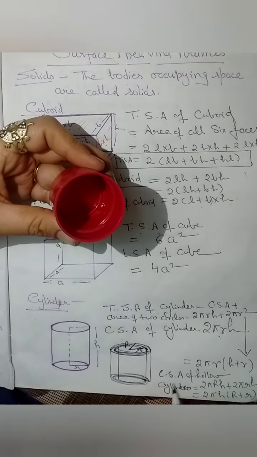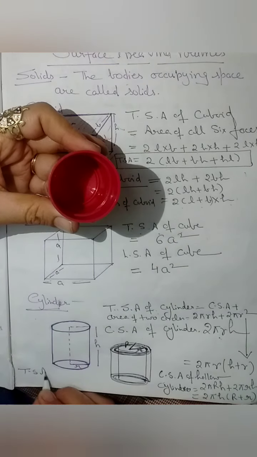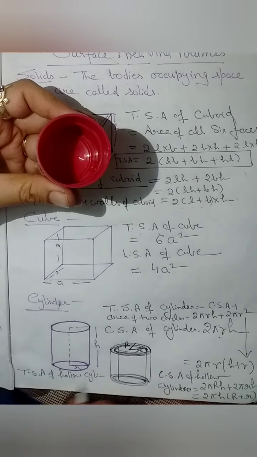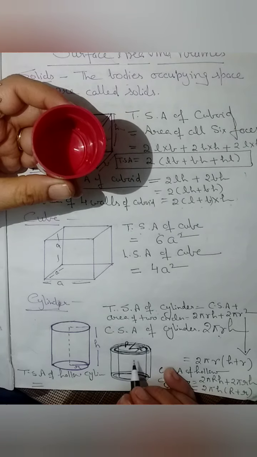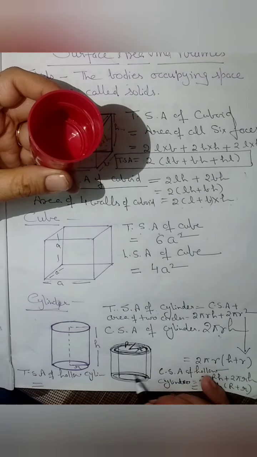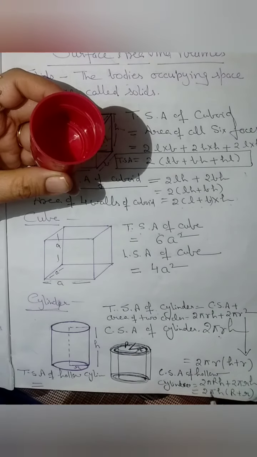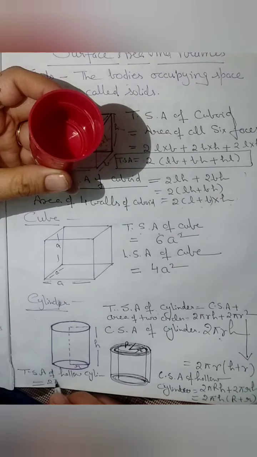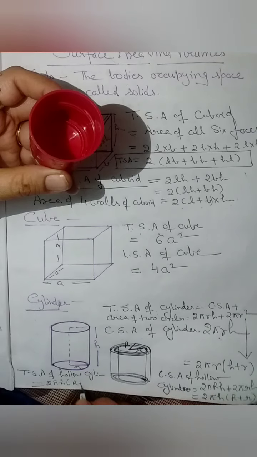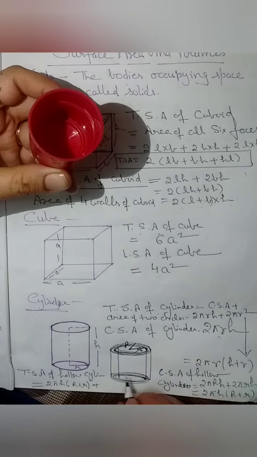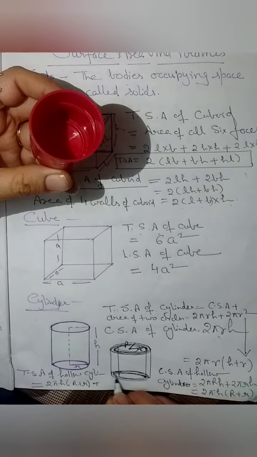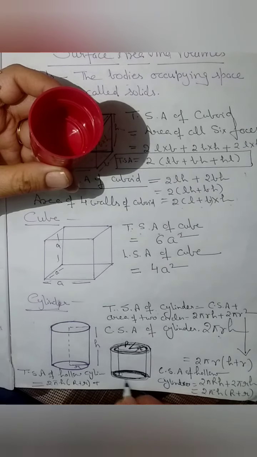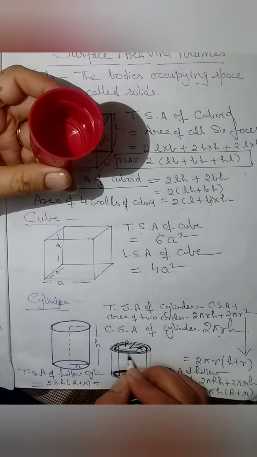Same way, if you have to find the TSA of hollow cylinder, in case of TSA you have to include all the faces. So firstly, curved surface area of hollow cylinder we know 2 pi h (R plus r), plus in case of hollow cylinder we will get two rings here, one at the bottom and other at the top.